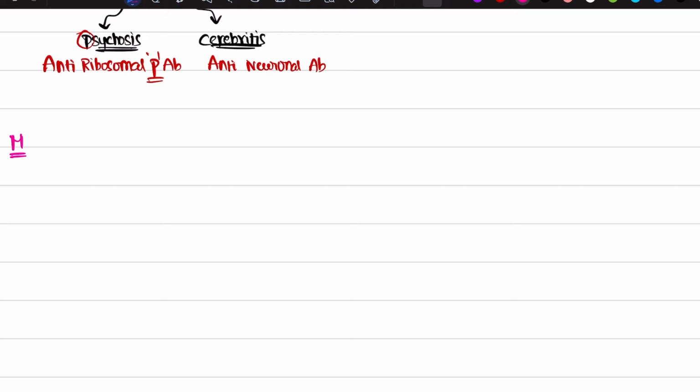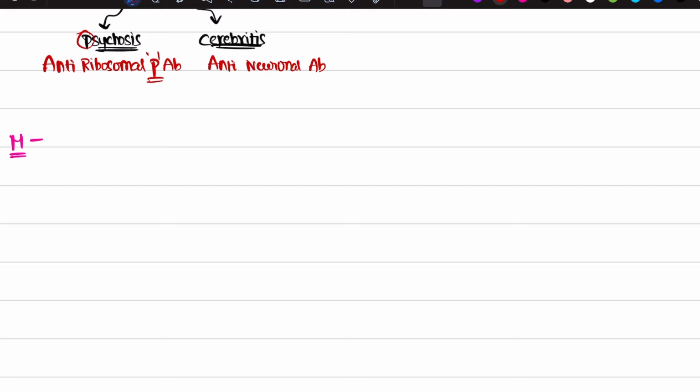It looks like a fly. What is that rash? Do you recall that rash?